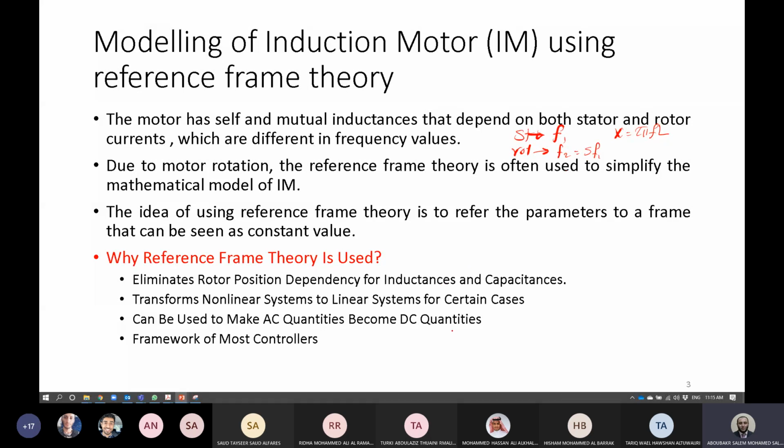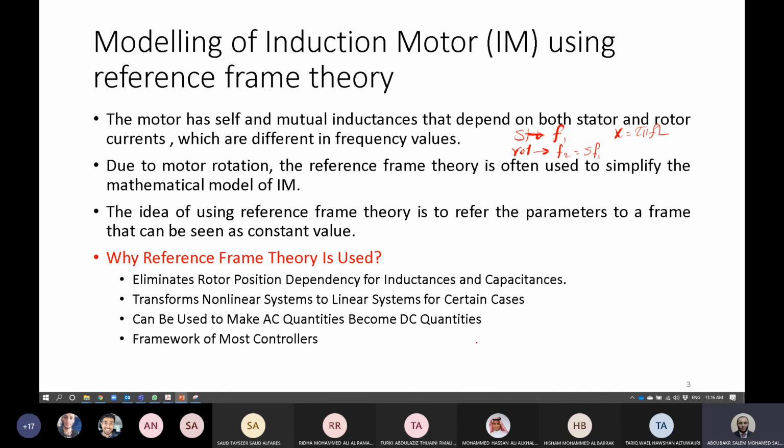How? We will see. Also, it transforms a nonlinear system to a linear system for certain cases, which simplifies the control operation and the mathematical computations. Also, it can be used to make AC quantities become DC quantities.